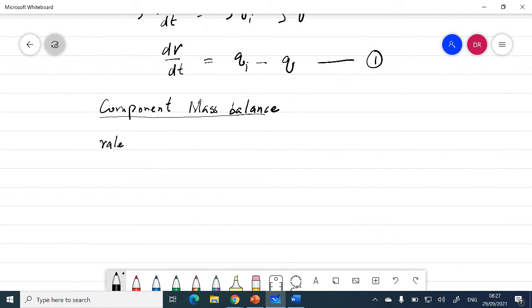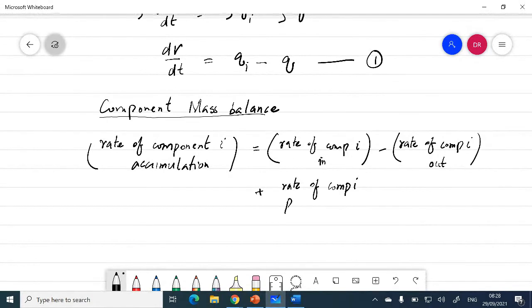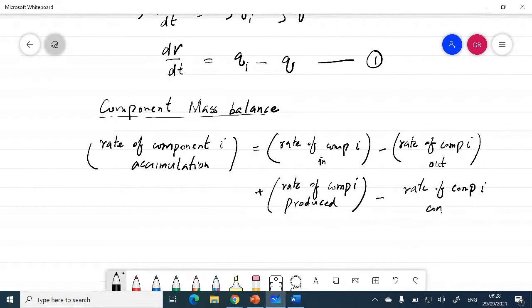That is the rate of component i accumulation, and it's equal to rate of component i in, minus rate of component i out, plus rate of component i produced or generated, and minus rate of component i consumed.